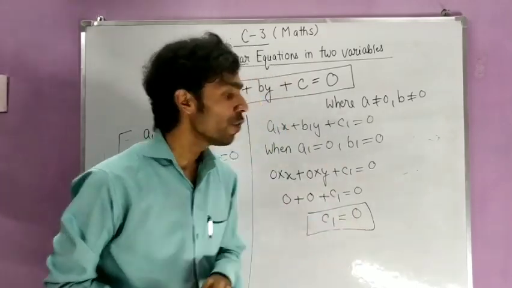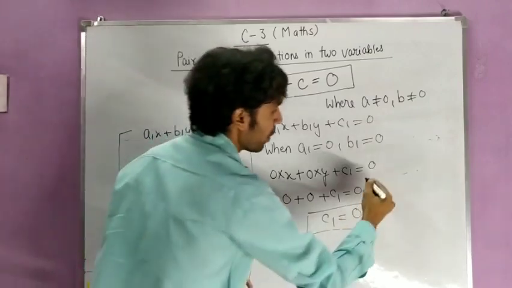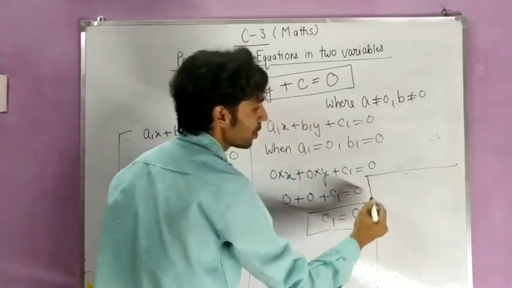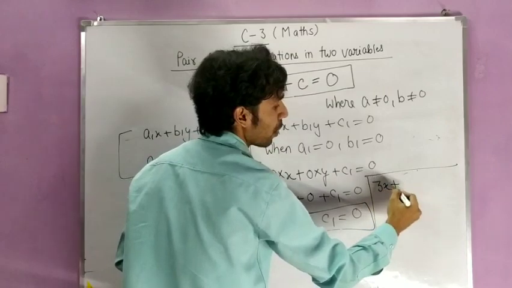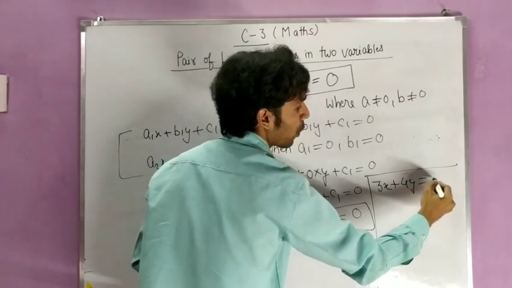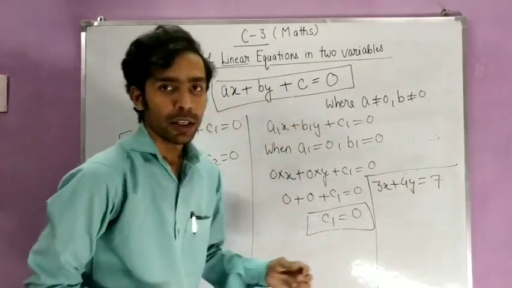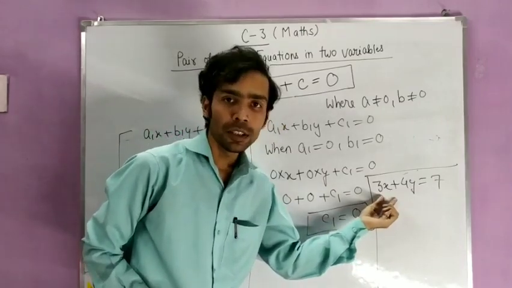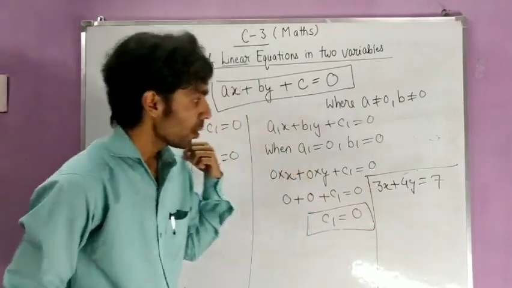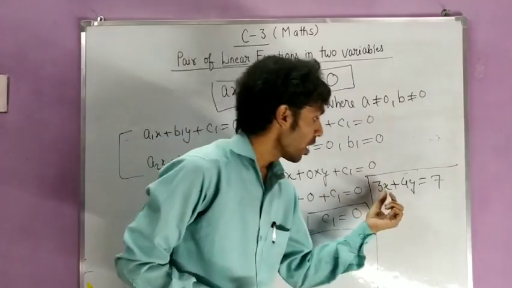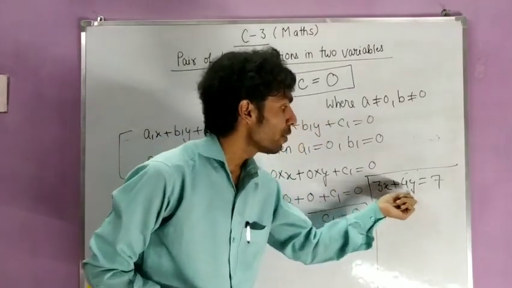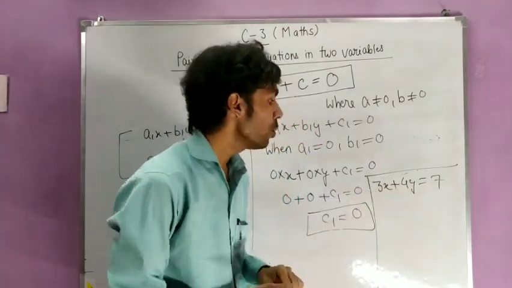Okay, I will give you one more example. Suppose I have written 3x plus 4y equal to 7. It is a linear equation in two variables. Suppose the constants 3 and 4 are not here, here should be 0.